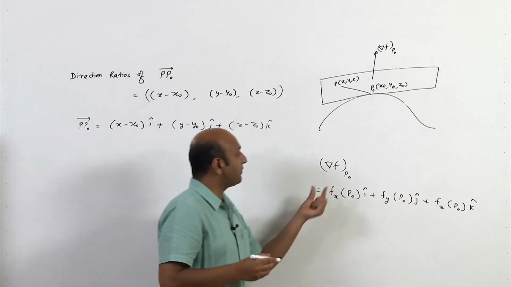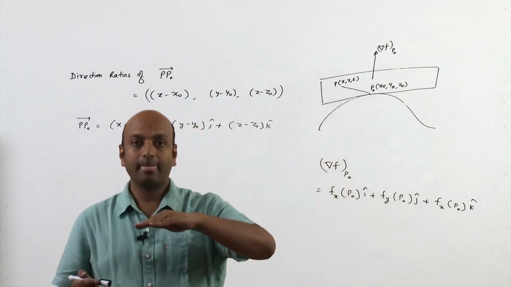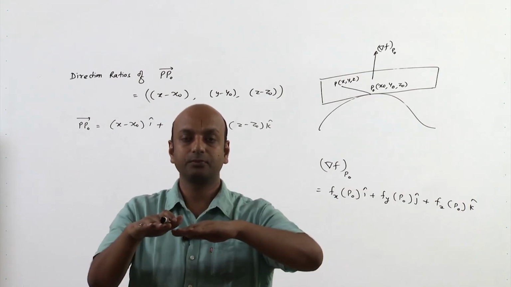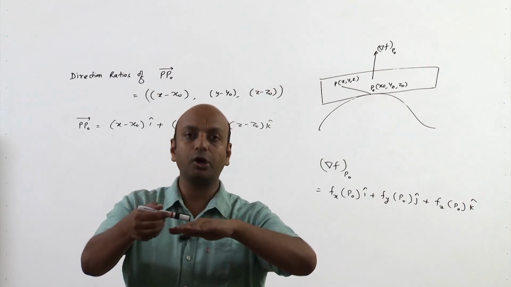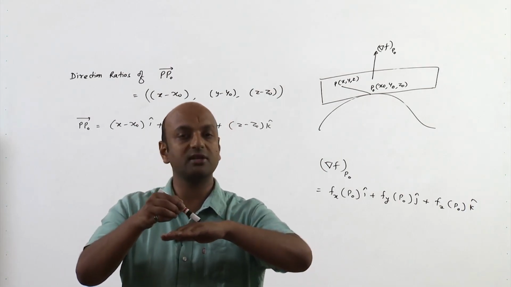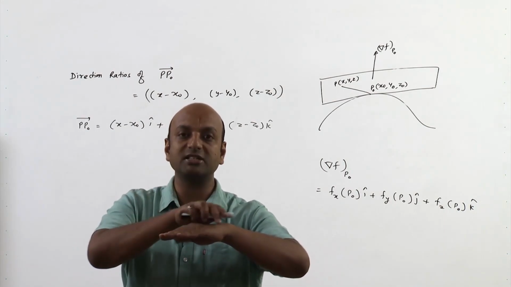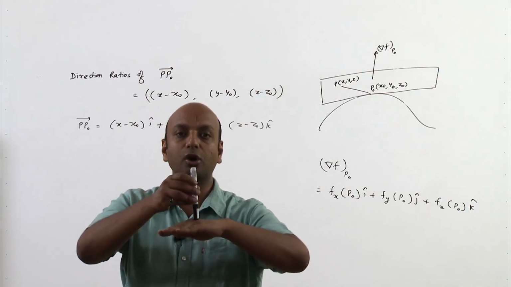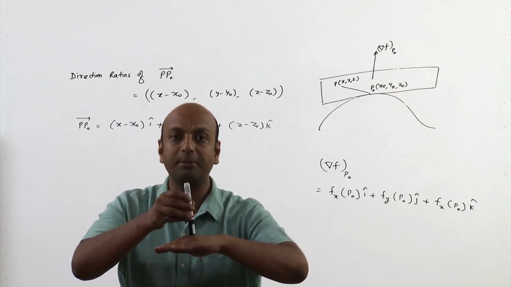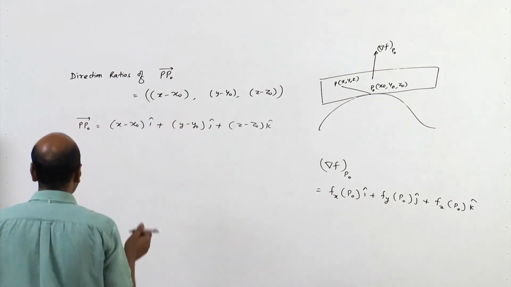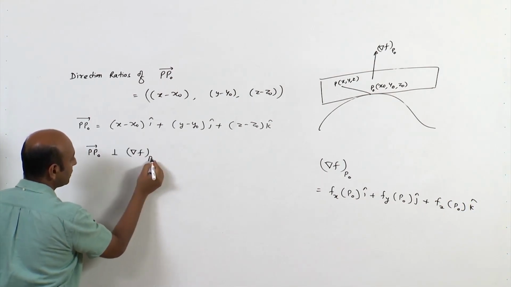Now, you have a tangent plane on this surface, and you have taken an arbitrary point on the tangent plane, and x naught, y naught, z naught is a fixed point on the plane. So, this vector will lie on the tangent plane, and the gradient of f is normal to the plane. So, the gradient of f will also be normal to this vector, so we can easily say that the vector will be perpendicular to the gradient of f at p naught.